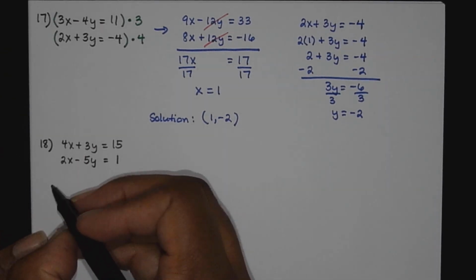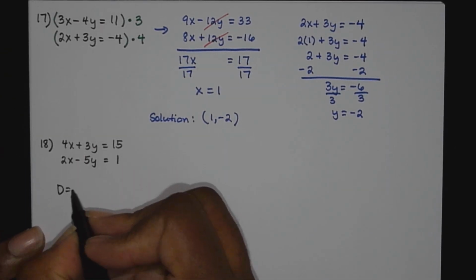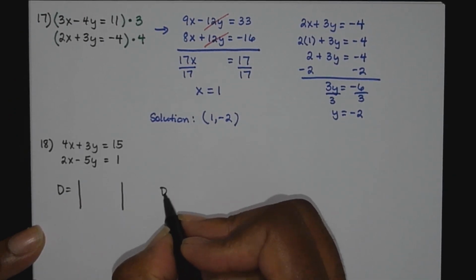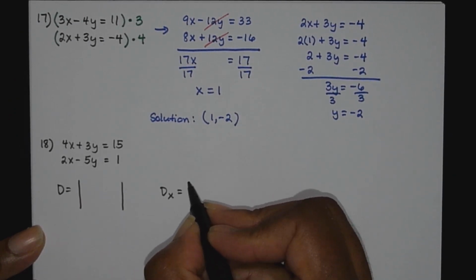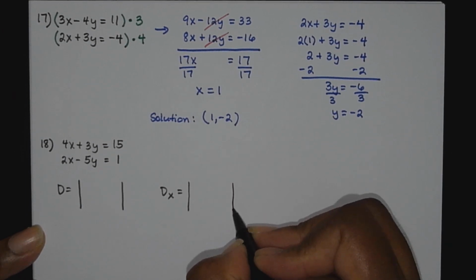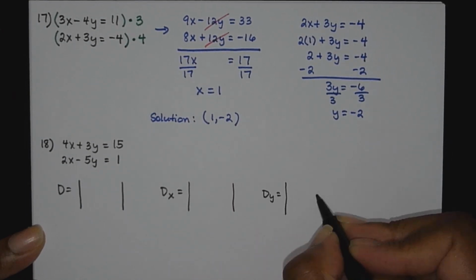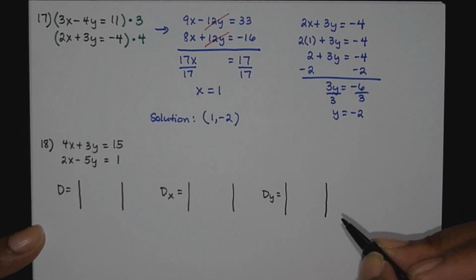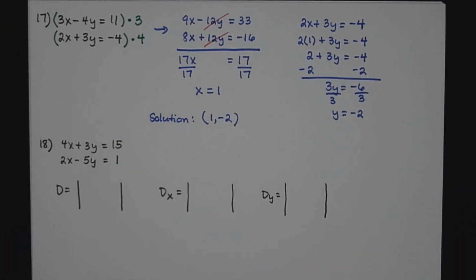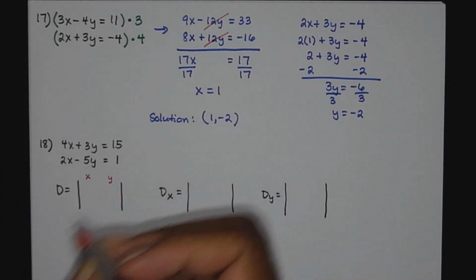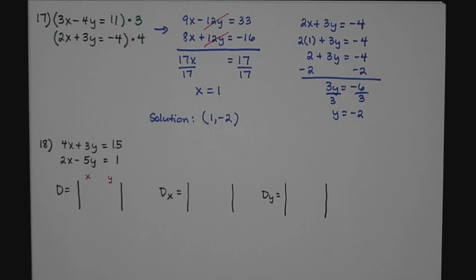So that means I need 3 different determinants. One for D, the other one would be for D sub x, and D sub y. Now, of course, for the D, you have to use your coefficients for x and y.